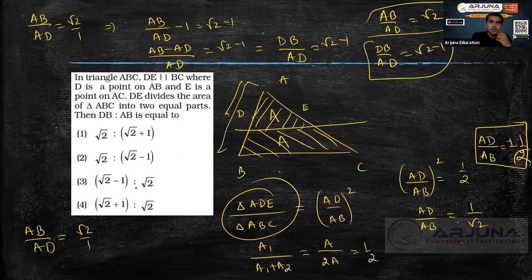I think the answer is root 2 minus 1 by root 2. Is it option C or B? Option is C actually, okay.